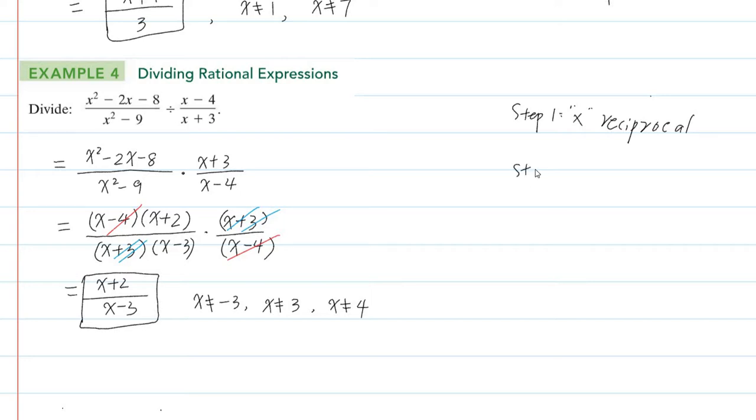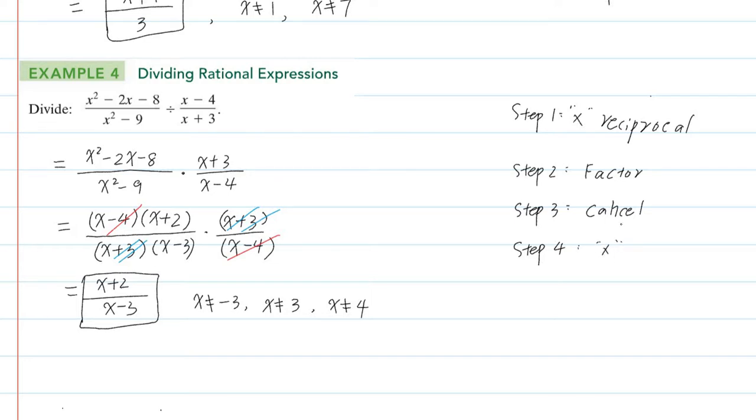Let's go ahead, look at step 2. We just have to factor. And then step 3 is just going to be cancel. And then step 4 is whatever is left over, you just multiply them.